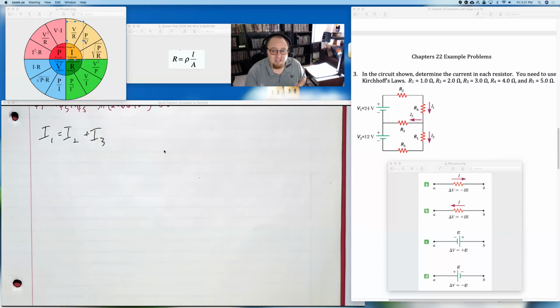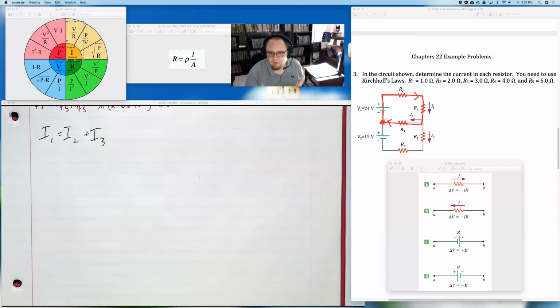Now, which ones I pick doesn't matter. It'll change mathematically the process of solving it, but I could do any of them I want. I started with this loop, going uphill, heading in that direction.